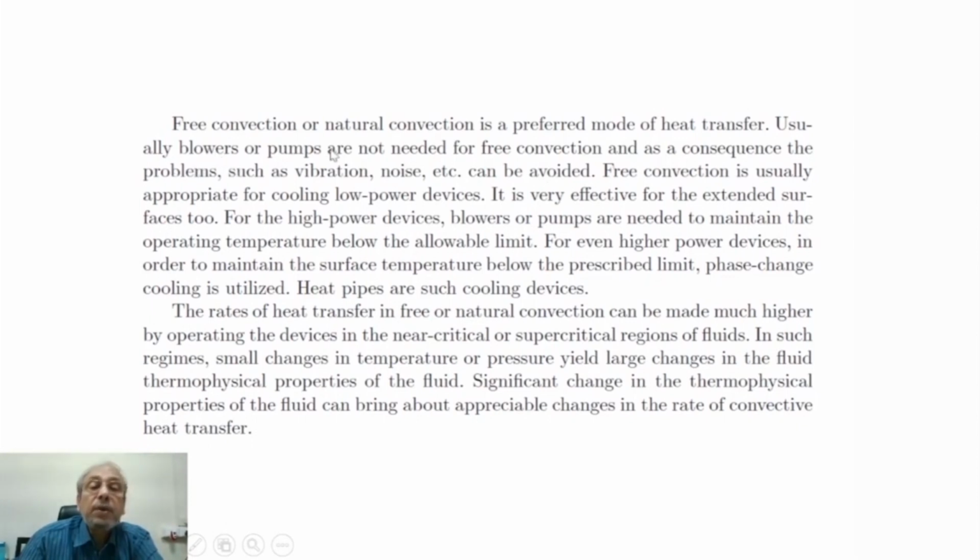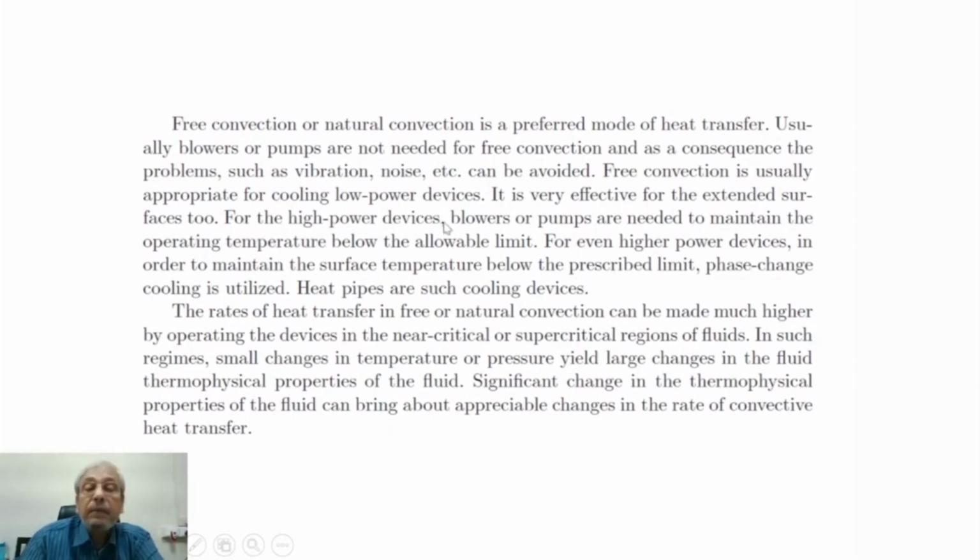Free or natural convection is a preferred mode of heat transfer. Usually blowers or pumps are not needed for free convection, and as a consequence problems such as vibration, noise, etc. can be avoided. Free convection is usually appropriate for cooling low power devices because they will be naturally cooled. It is very effective for extended surfaces too.